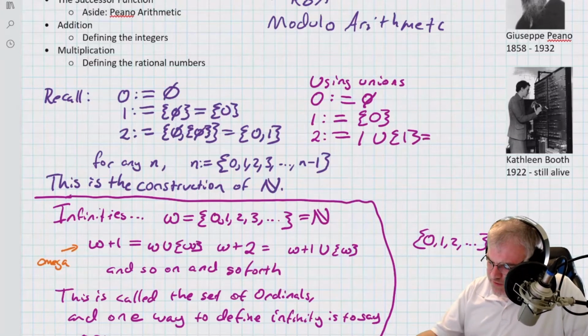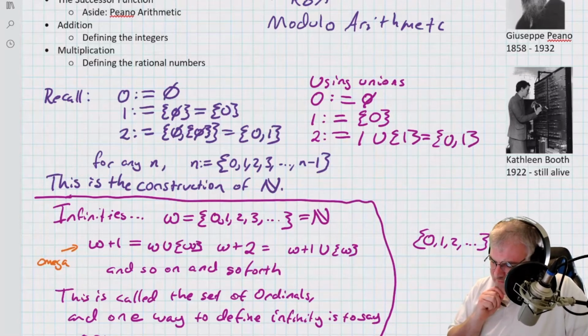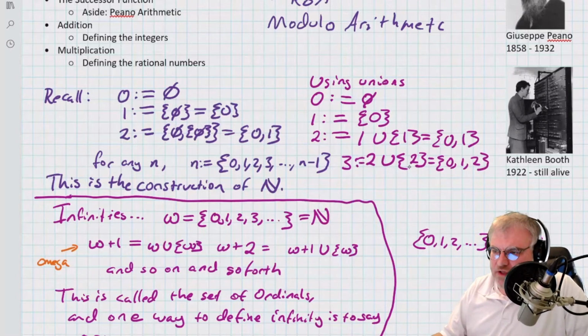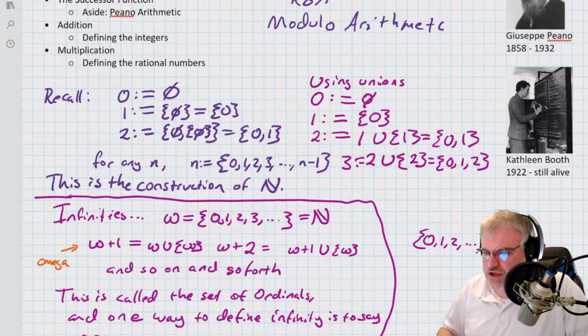So 1 was 0, and then the set containing 1, I'm going to union that. 3 then is equal to 2 union the set containing 2, which equals 0, 1, 2, right? Because 2 equaled 0, 1, and now I'm unioning it with the singleton 2.